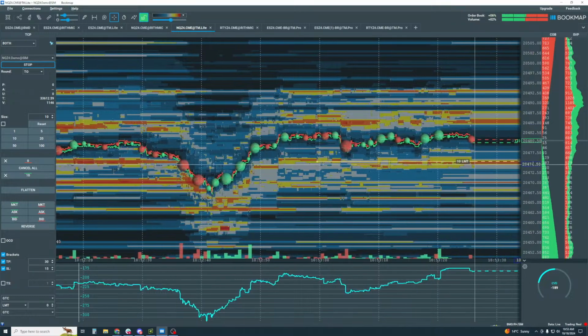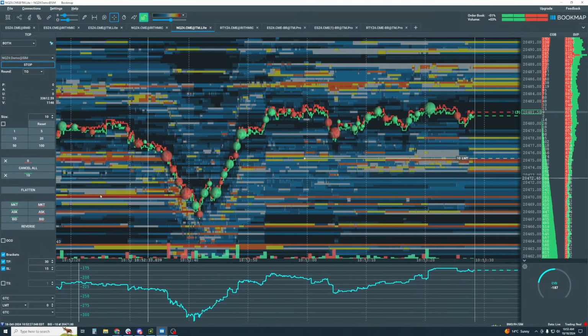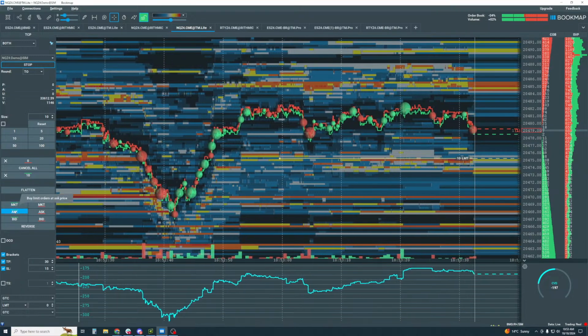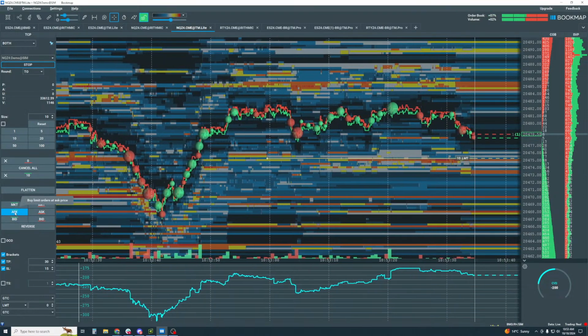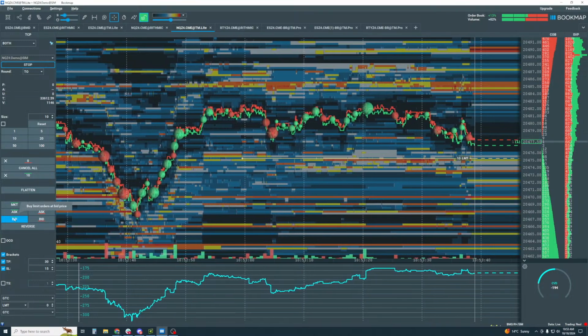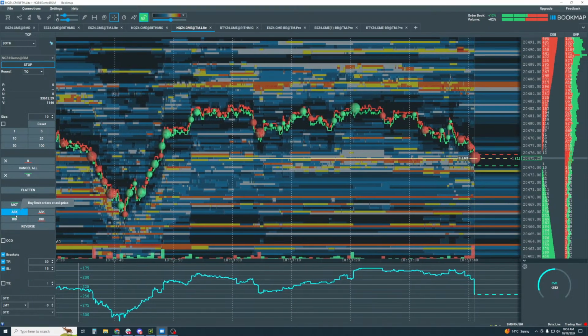Let me show you another tip and trick here. You can use these keys in here for market buy on the best ask or on the best bid. Okay, so you can put a market, or you can put a limit on the best ask.